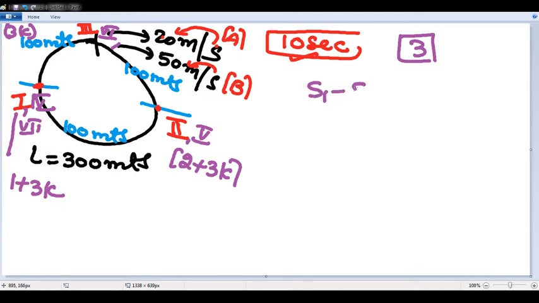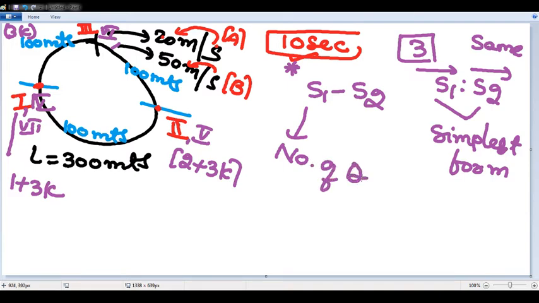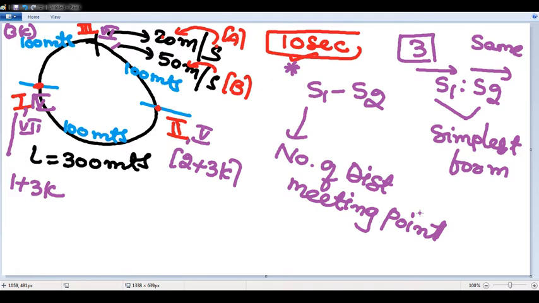Listen carefully: the number of distinct meeting points is given by S1 minus S2, if the ratio S1 to S2 is in its simplest form and both are traveling in the same direction. Please take an image of this slide.